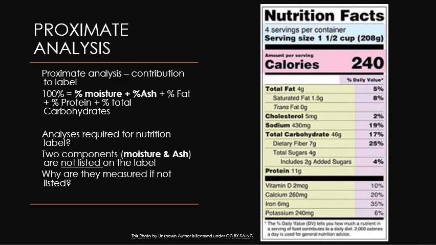But what's interesting to observe is that if you look at the list of nutrients in the food label, there are two components in the proximate that are not reported, which are moisture and ash. Now the question comes, why do we have to measure moisture and ash if they are not listed in the food label?